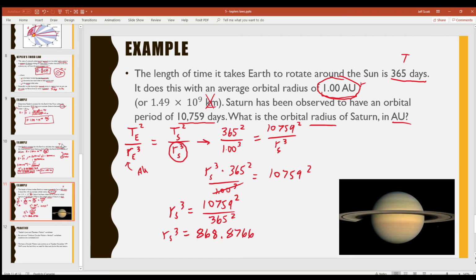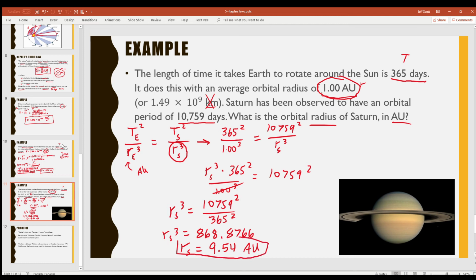And then, of course, just to get the orbital radius of Saturn, we just need to cube root both sides of these. So orbital radius of Saturn, by cube rooting both sides to 3 sig digs, is 9.54, and the units on that are AU.